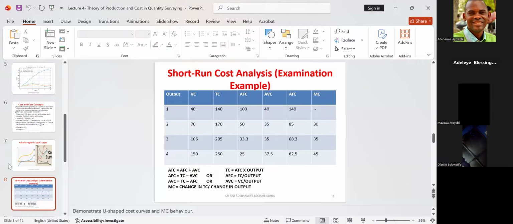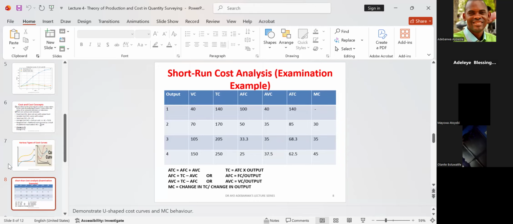If you look at the footnote, you see that the first one says ATC, that's average total cost, is equal to average fixed cost plus average variable cost. When you say average fixed cost, you are saying the fixed cost per unit of output.